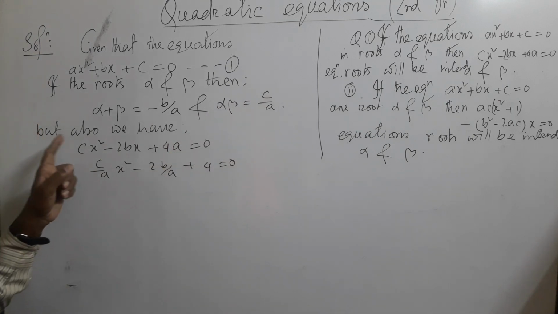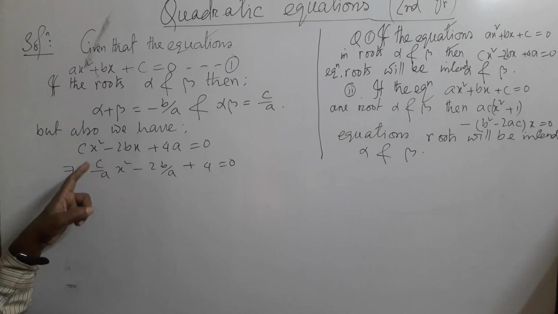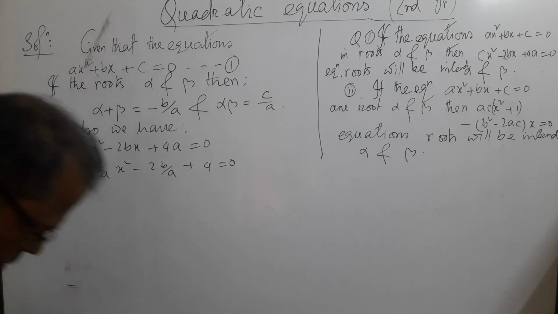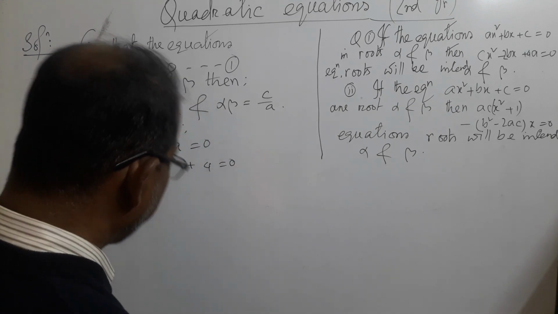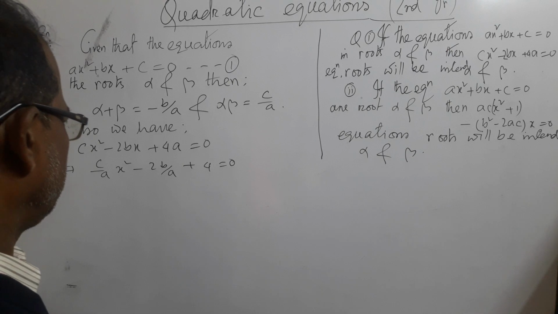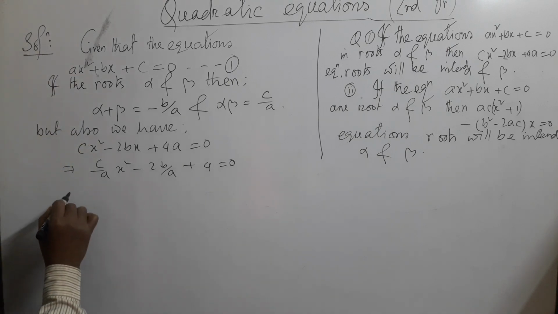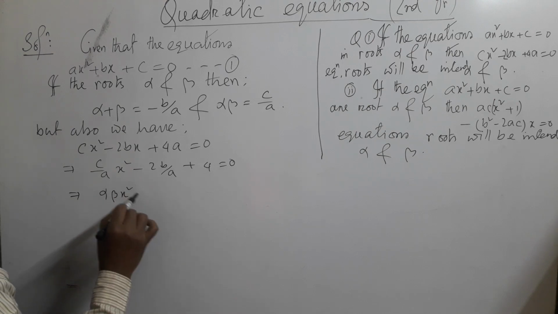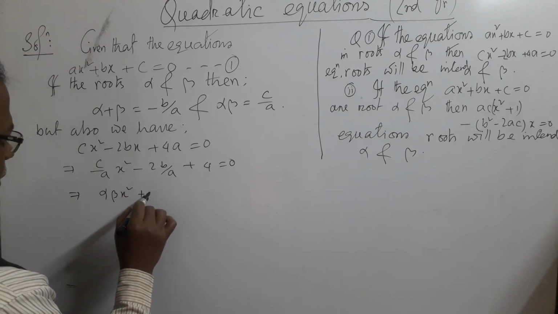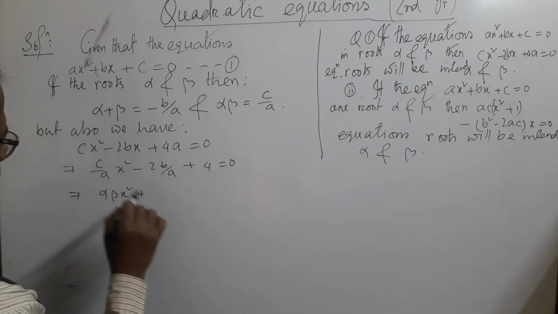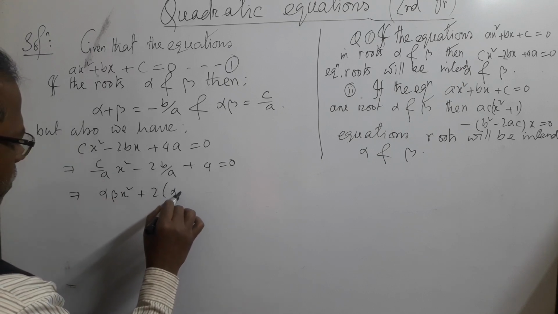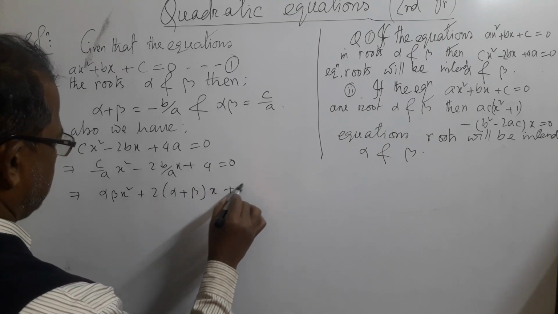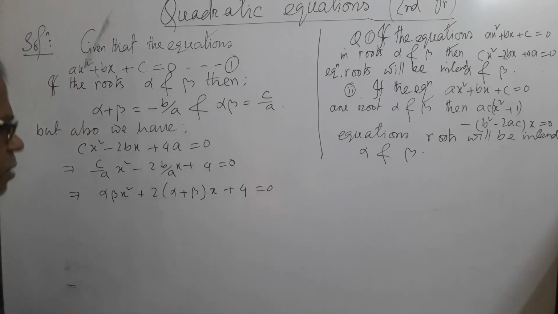We also have the equation cx² + 2bx + 4a = 0. Dividing both sides by a, we get c by a, that means alpha beta x² plus 2 into alpha plus beta into x plus 4 equals 0.